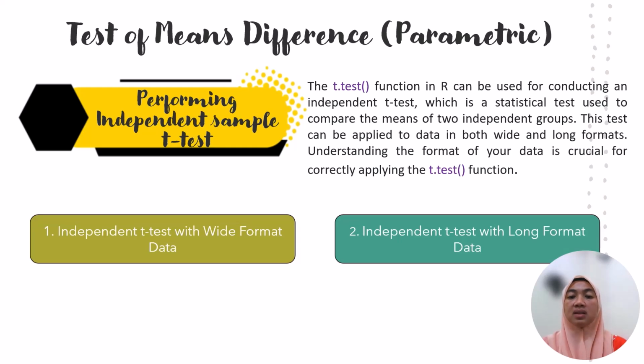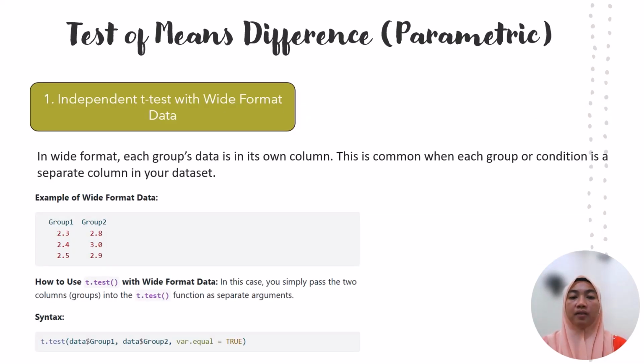Understanding the format of your data is crucial for correctly applying the t.test function. There are two formats. The first one is the independent t-test with wide format data, and the second is the independent t-test with long format data. Let's look at the first one.